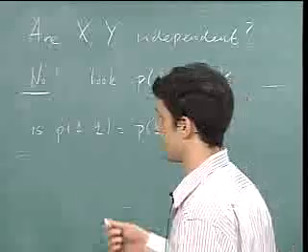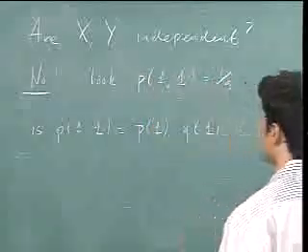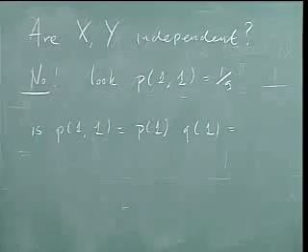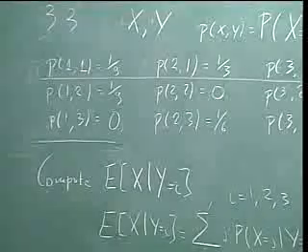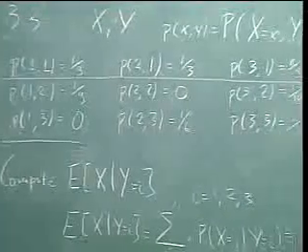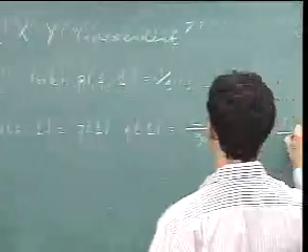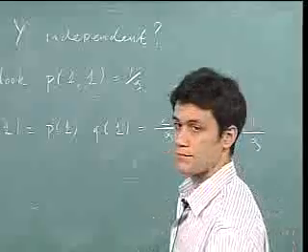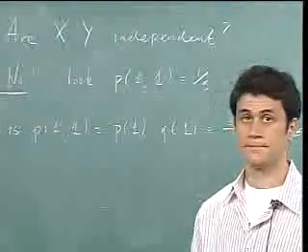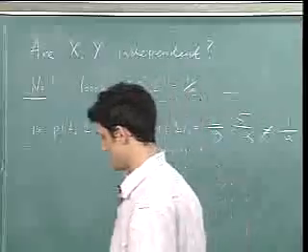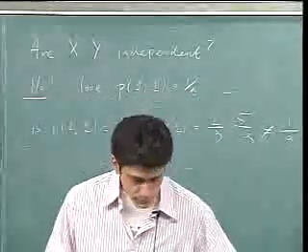And this property just fails from the get-go because P of 1 would just be 2 over 9, and we've calculated Q of 1, which is 5 over 9. And this is definitely not 1 over 9. So they're not independent. Any questions?